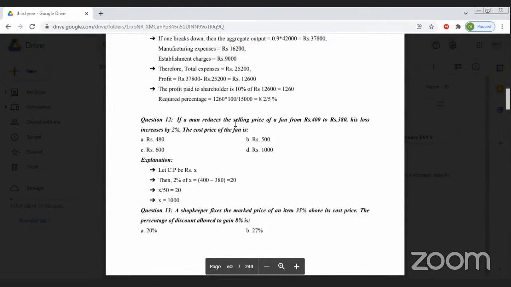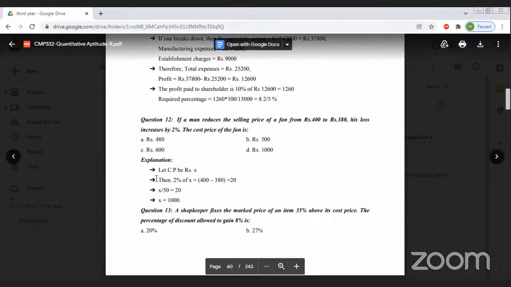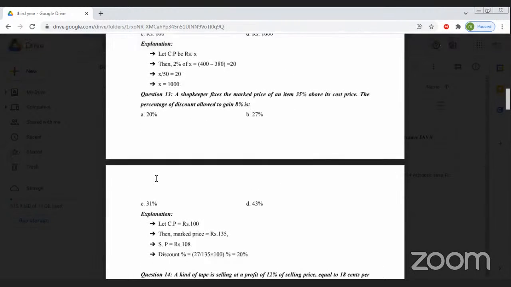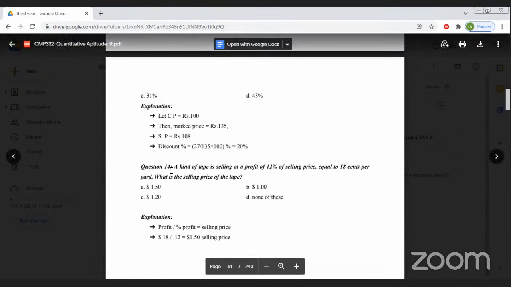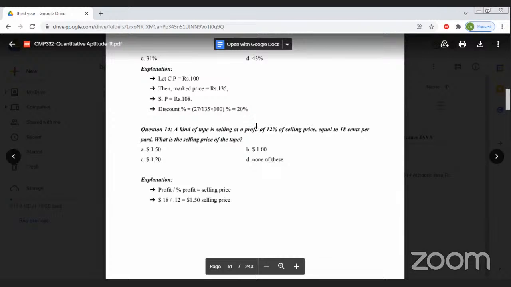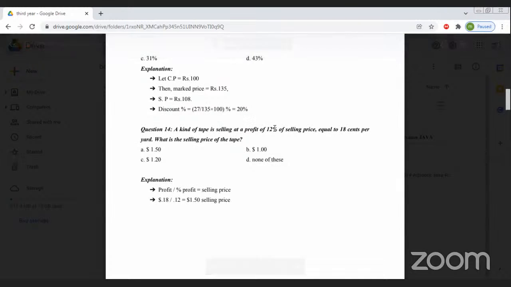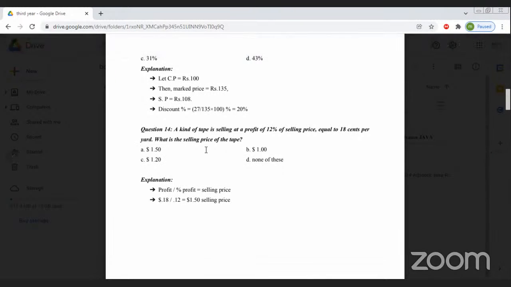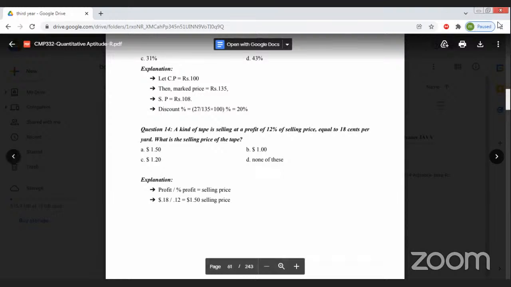Earlier we had the same example of a fan. Now, a kind of tape is selling at a profit of 12%, and the profit equals 18 cents per yard. What is the selling price of the tape?